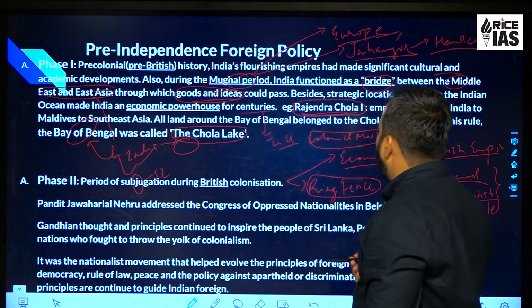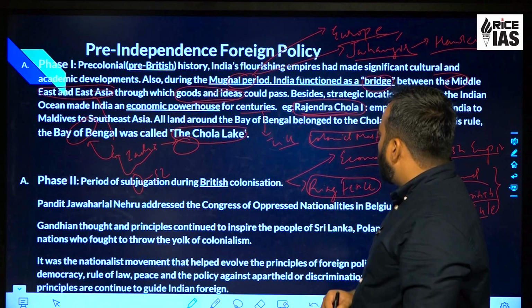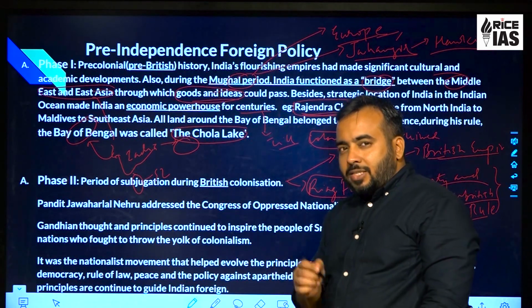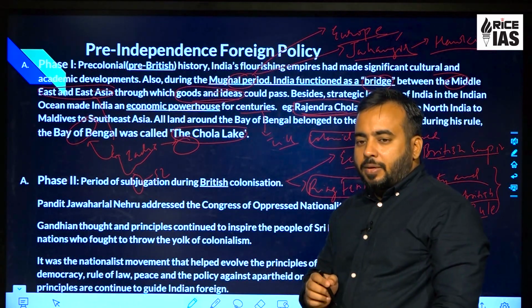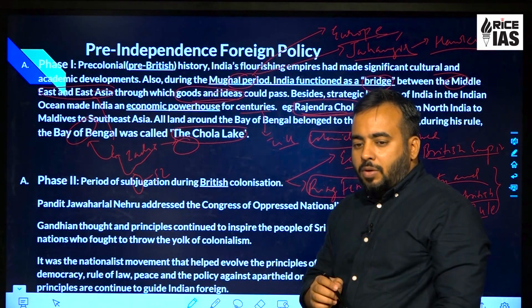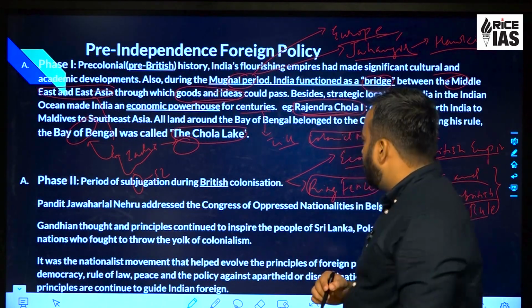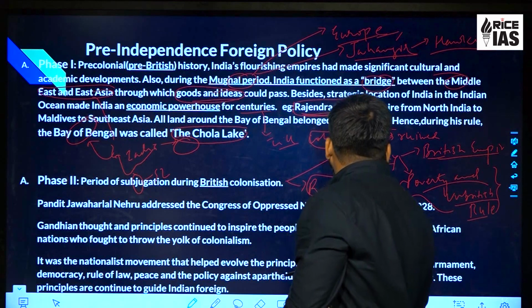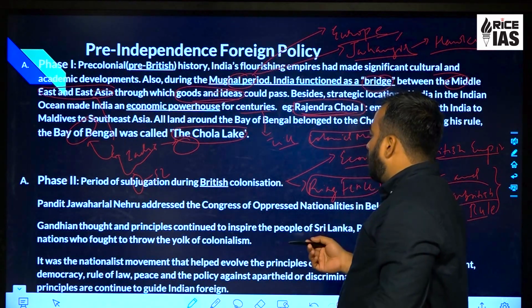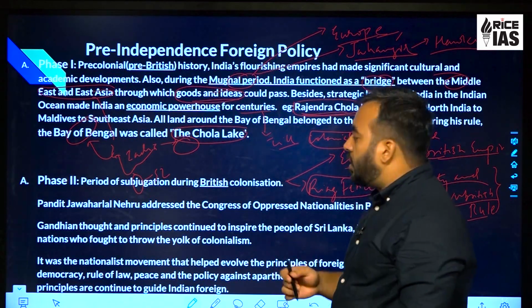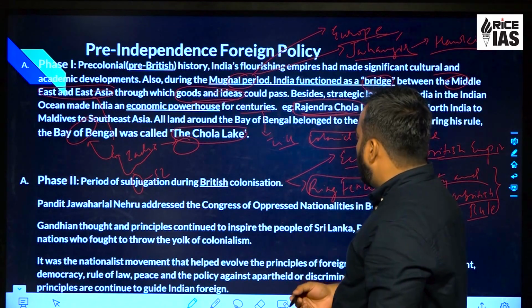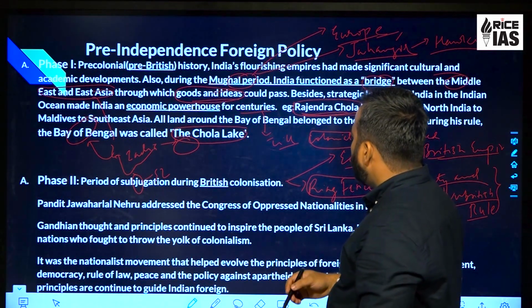Nepal was used as a buffer. So it was not saving India for India's sake. It was saving India for the sake of the empire. And that is the actual definition of a master-servant relation and a relationship of subjugation.